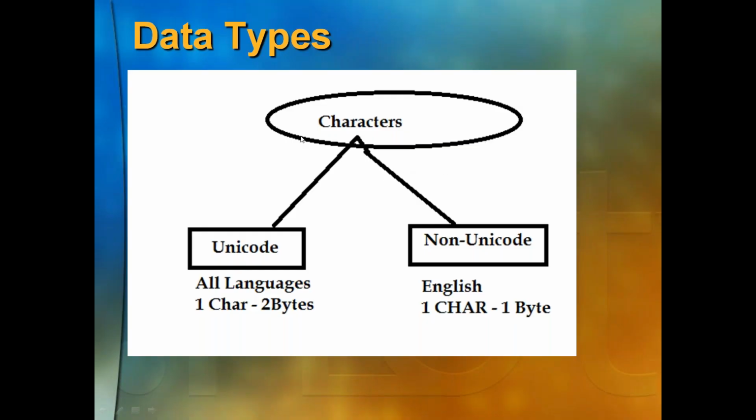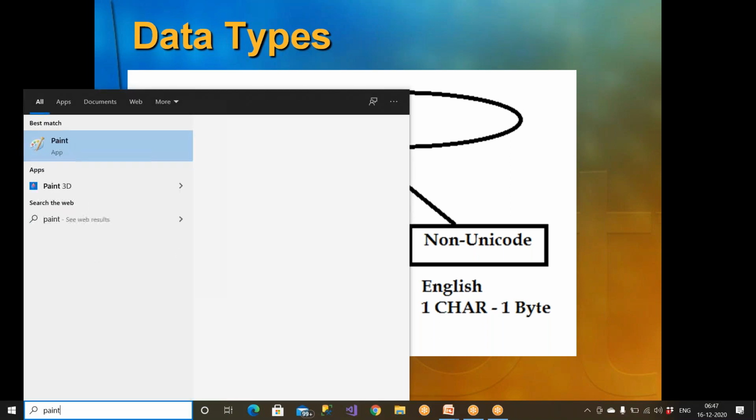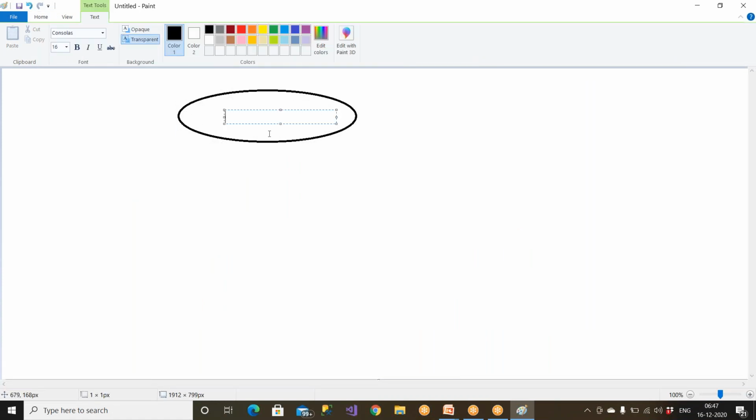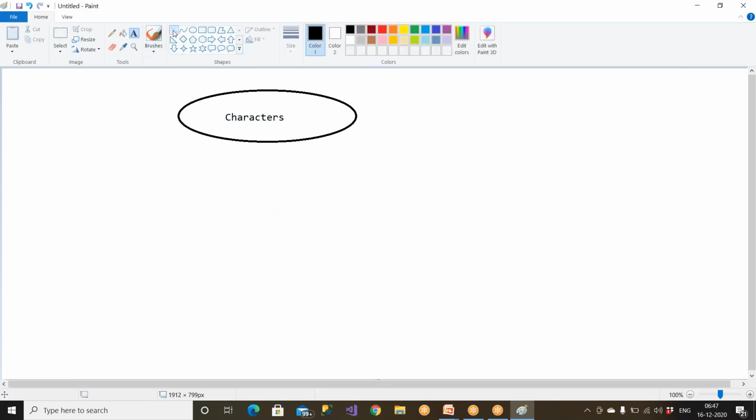If you take all the characters in this world, there are two types of characters. Okay, let me take a paint and draw it. So I'm talking about all the data. Let me take all characters. There are two types of characters in this world.